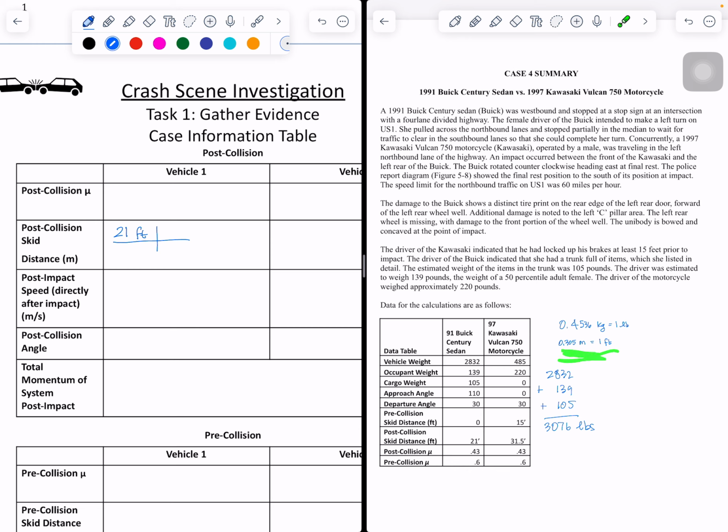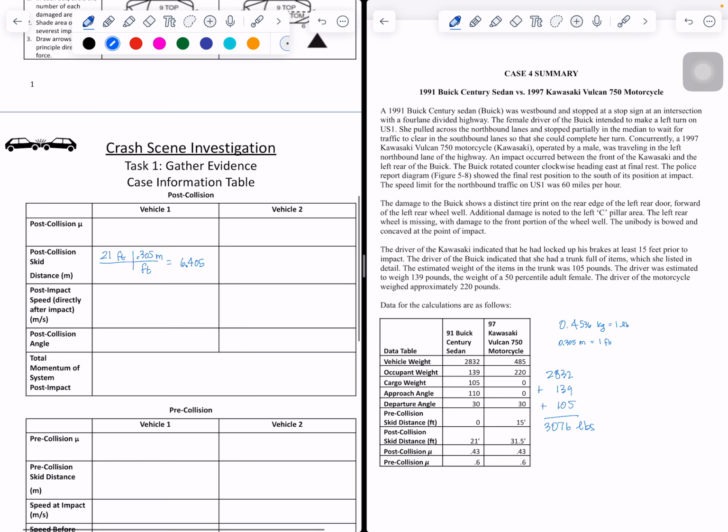There's 0.305 meters in each foot. So 0.305 meters per foot. And that is equal to 6.405 meters. So that's an example.